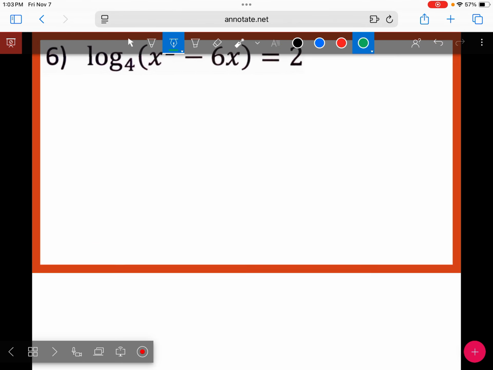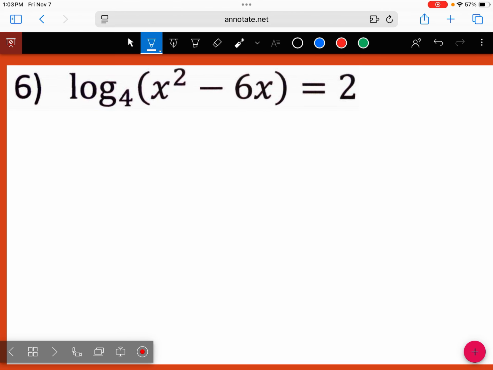Okay, let's do number 4. So we cannot drop the log because we don't have it on both sides.